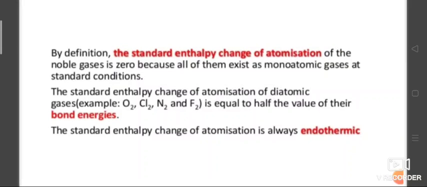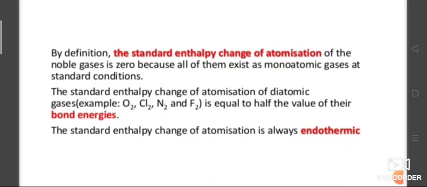The standard enthalpy of atomization of the noble gases is 0, because all of them exist as monatomic gases. Since they are already present in the gaseous state, their standard enthalpy change of atomization will be 0.